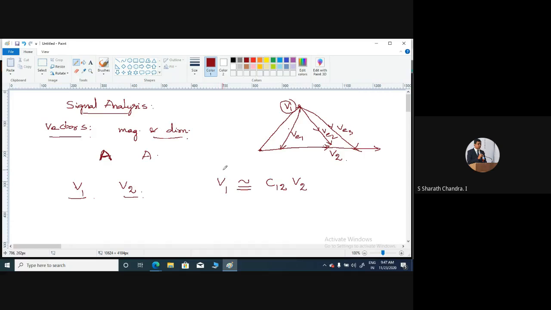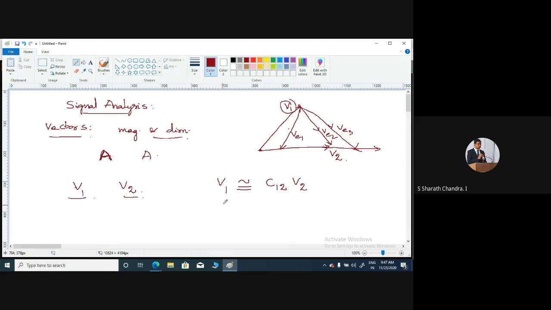This c12 actually says the component of vector v1 along v2. Just as we say it is 2 times this vector, or 3 times this vector, or 0.5 times this vector. So I'm trying to assess the magnitude in terms of v2.